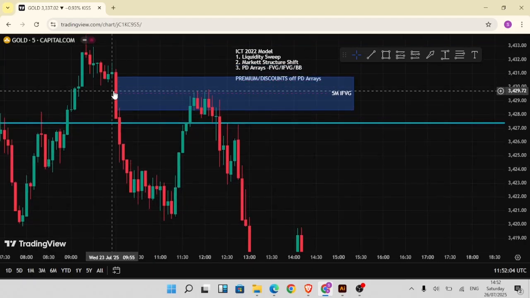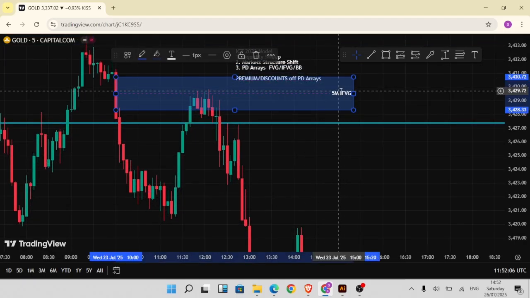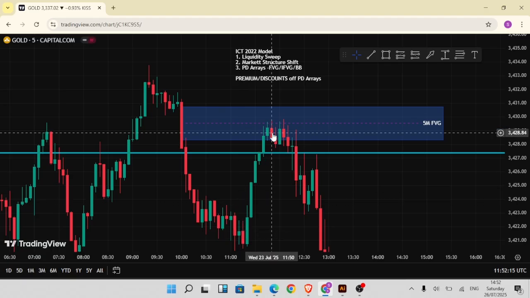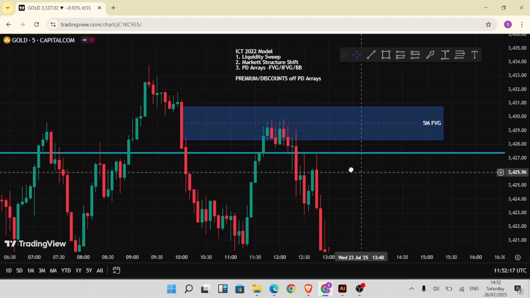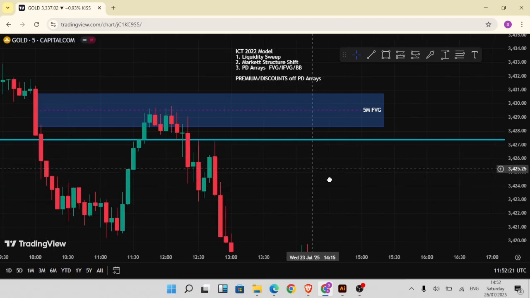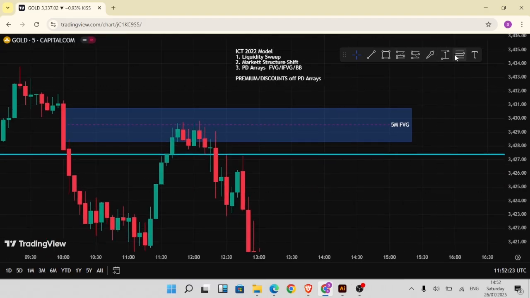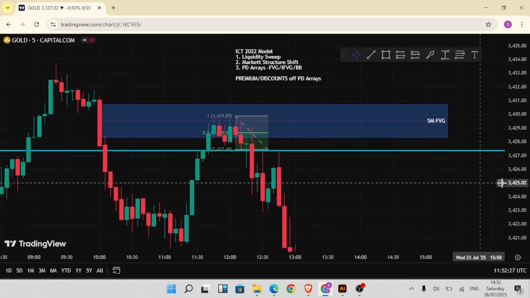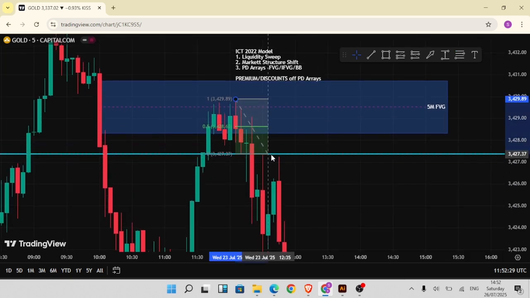This is a fair value gap now, not an inversion. This is just a fair value gap formed. Price comes into it. You wait for the engulfing candles from this area, and you want to mark your 50% of these candles.